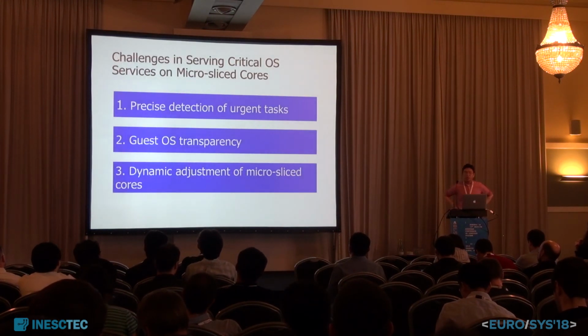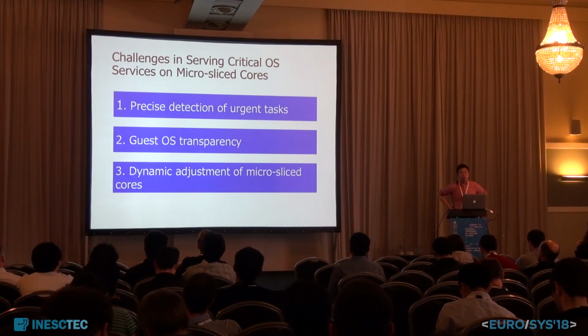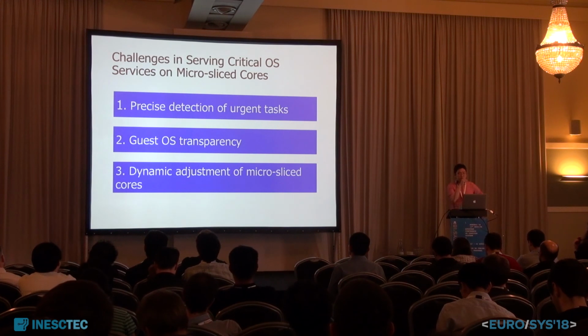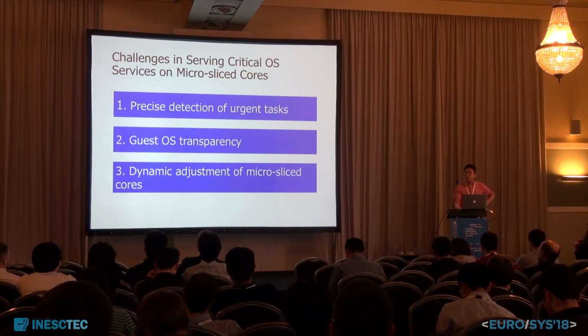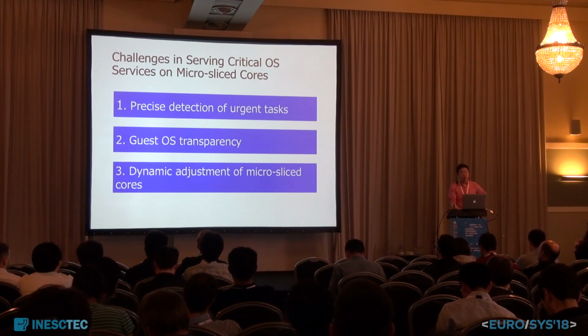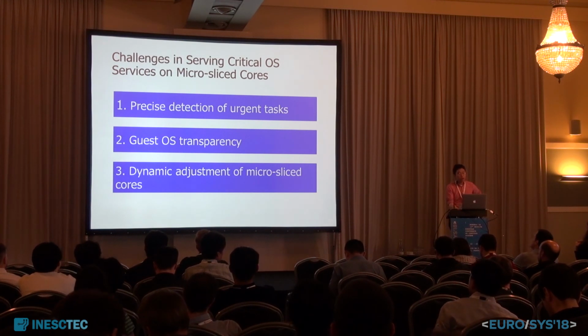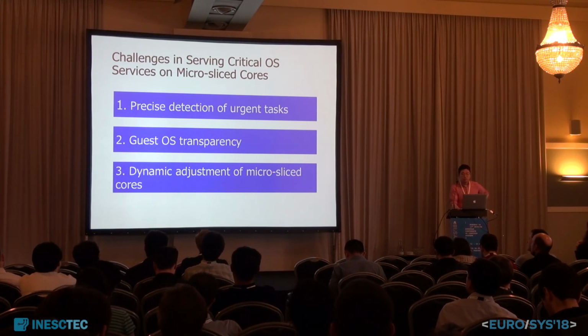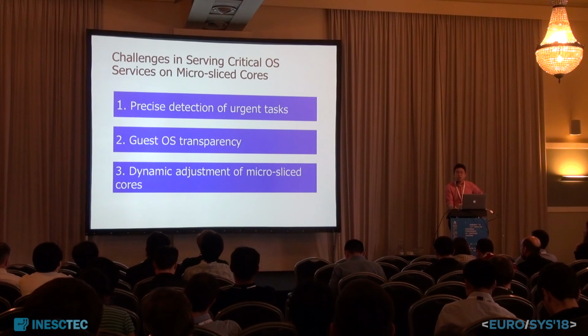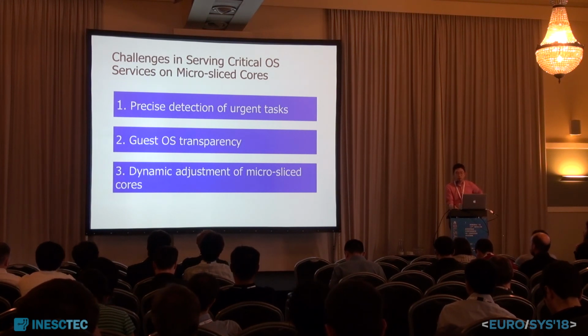Here are 3 things we need to address to enable our approach, accelerating critical OS services with the micro-sliced pool. First, we need to be able to identify and detect the critical OS services because we do not want non-critical OS services as well as the applications to run on the micro-sliced pool.